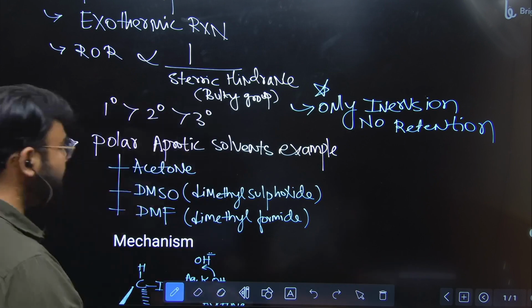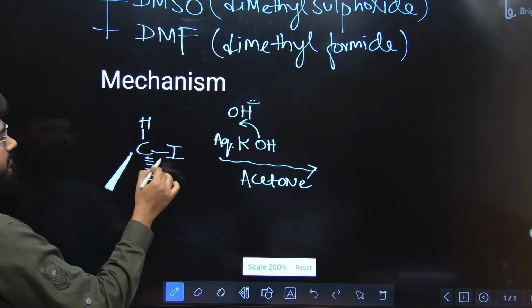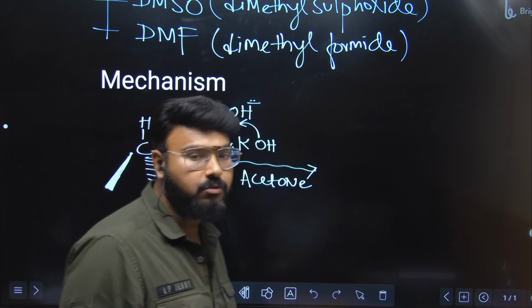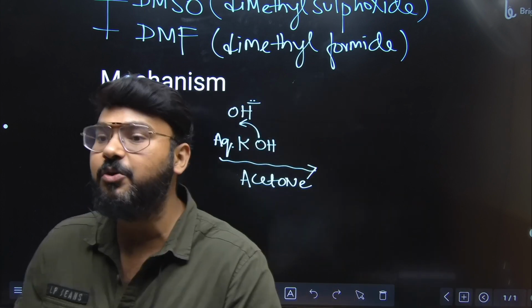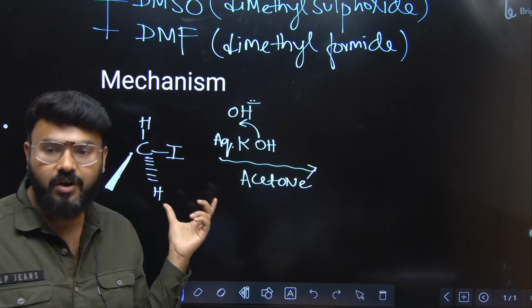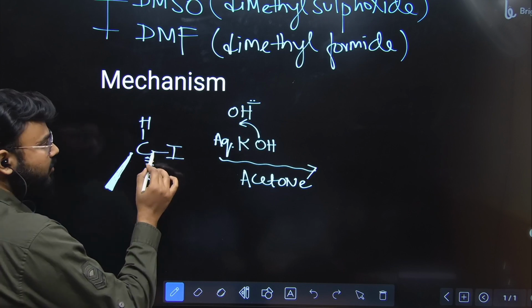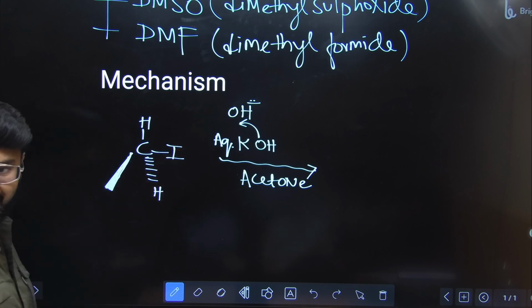Now you will ask me a question: sir, when iodine is removed, the carbon is also sp2, so why can't it have attack from both sides? Remember, in SN1, you were capturing the nucleophile. In this case, you are not capturing. So what is happening, understand, there is still a nucleophile. It won't allow the attack from the front.